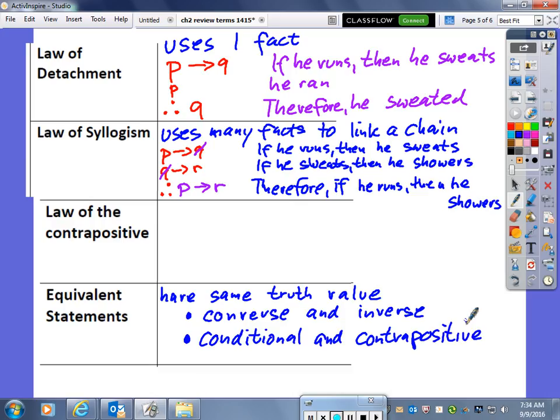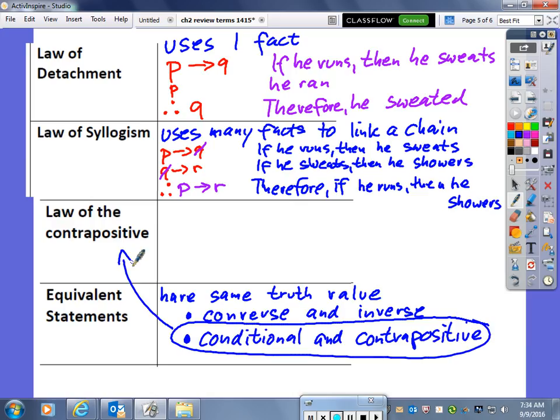And that last bit is essentially exactly what the law of the contrapositive says. The conditional and the contrapositive have the same truth value.